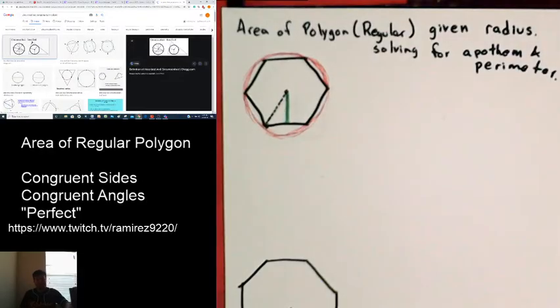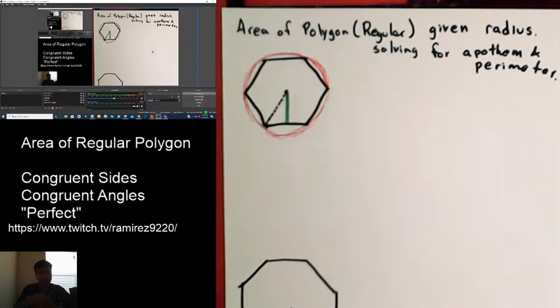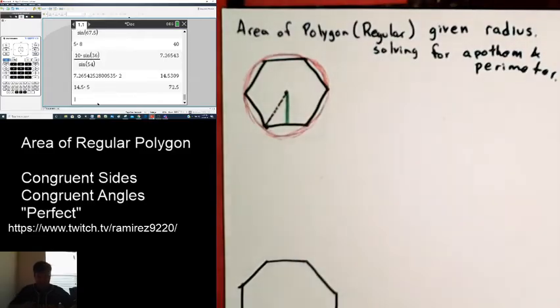So here we're actually dealing with a figure that is circumscribed. Yes, the figure is inside. Okay, perfect. So that's what we're dealing with. And since this is circumscribed, we have our radius right there.